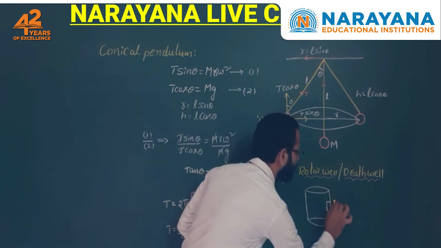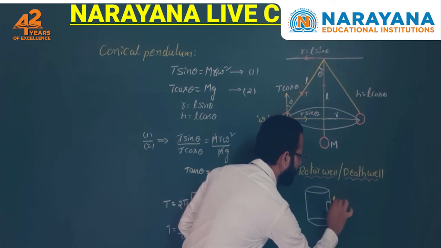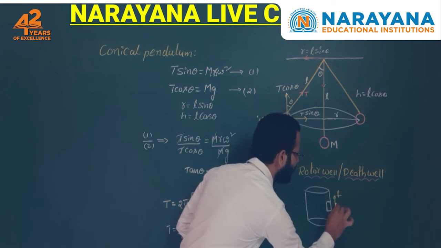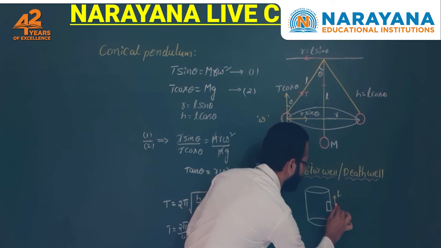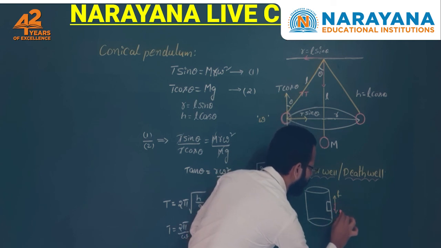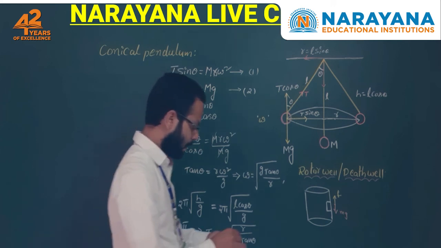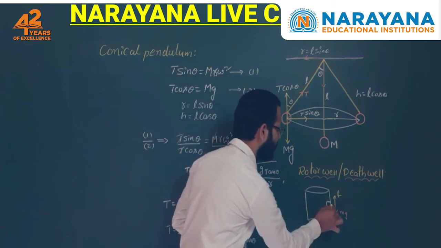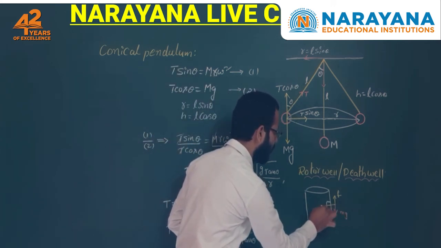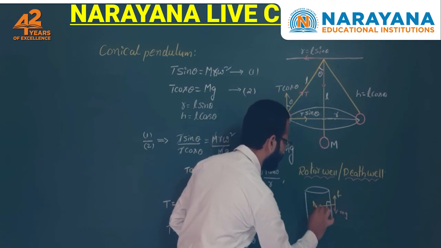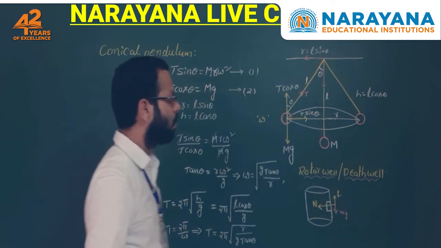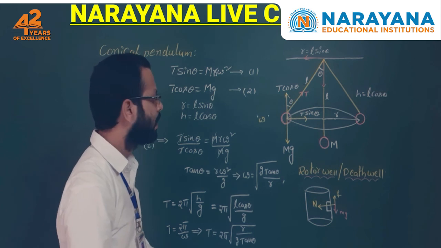Here the frictional force acts on the person in the vertical direction, which balances his weight in the vertically downward direction, and the normal force provides the required centripetal force.